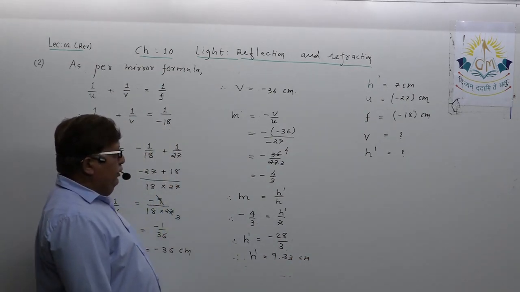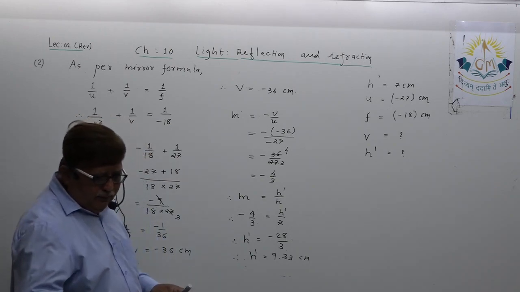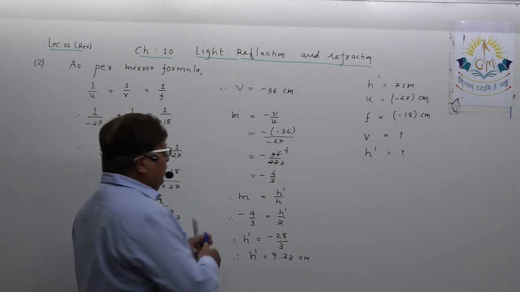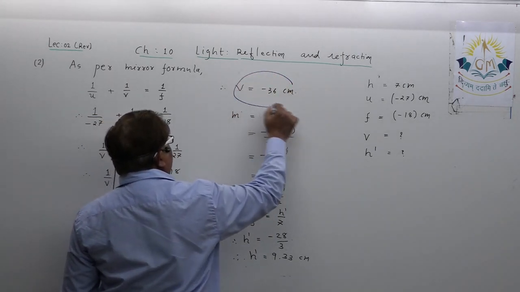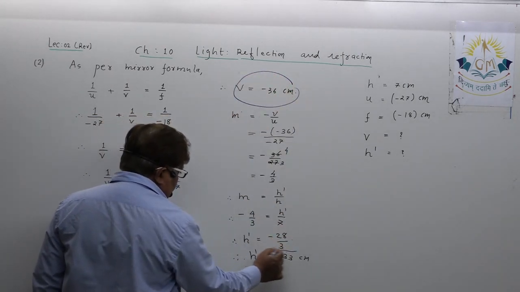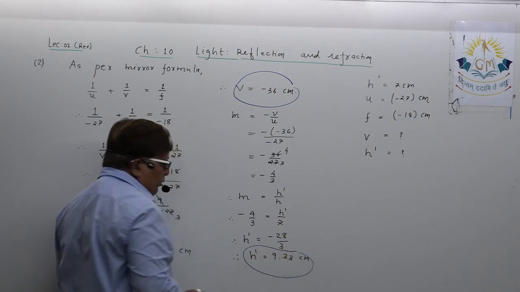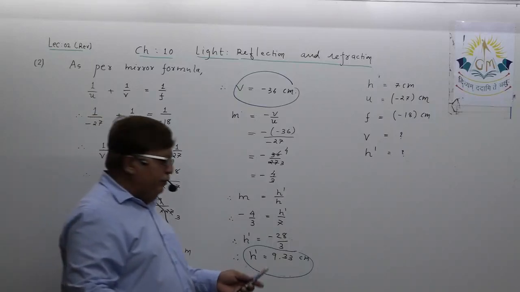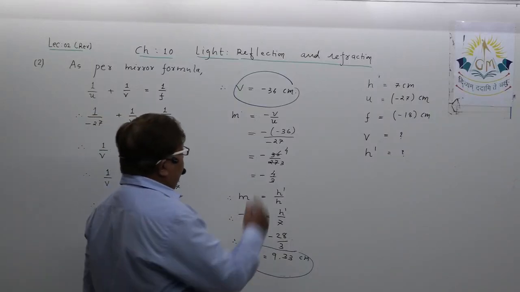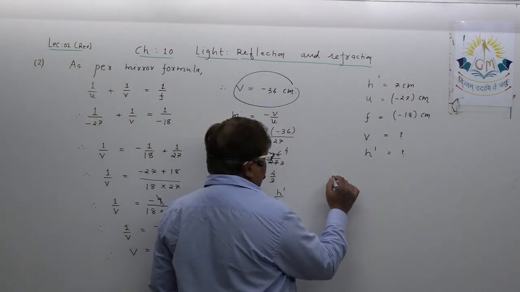So dear student, you got both the answers which you required. One, that's v, another is height. After you got this particular answer, you can write the statement in this way.